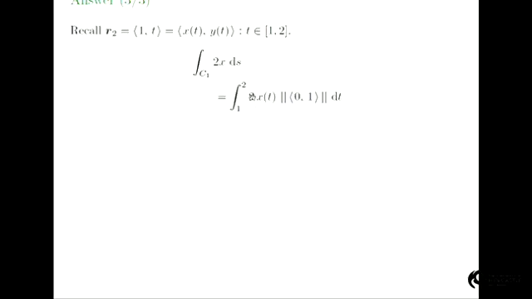But 2 times 1 is 2. What's the magnitude of the vector (0, 1)? It's the square root of the sum of squares. Square root of 0 plus 1 is 1. Right, so this boils down to the integral from 1 to 2 of 2 dt, which is 2. Yes?